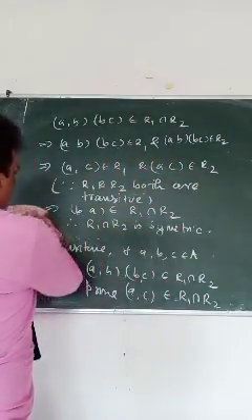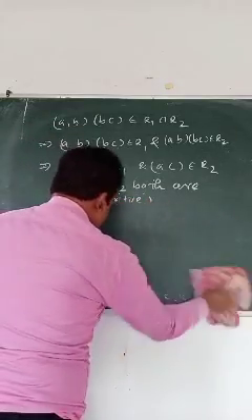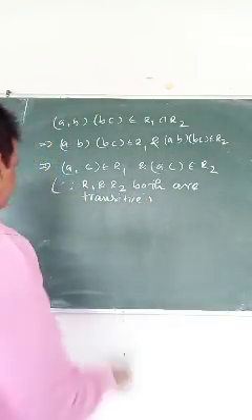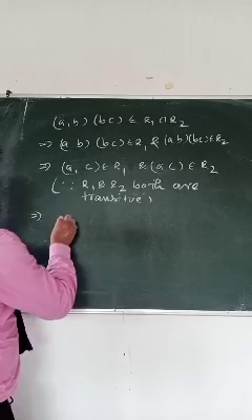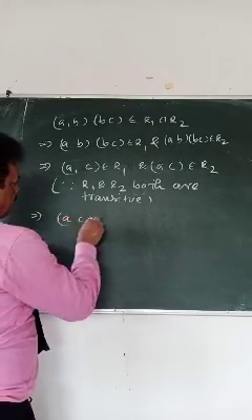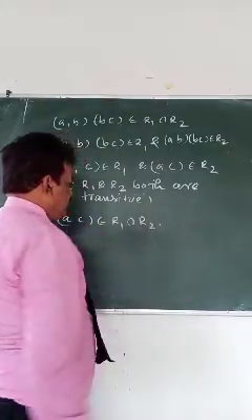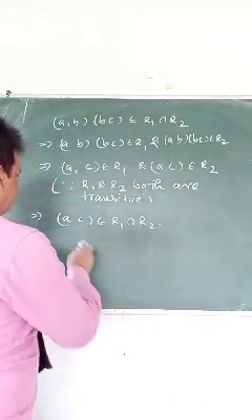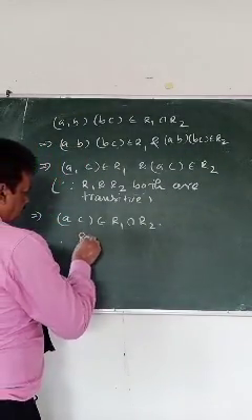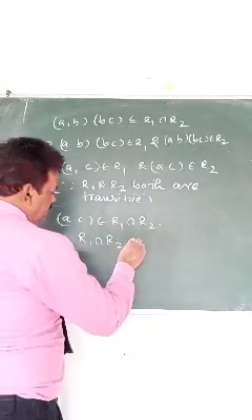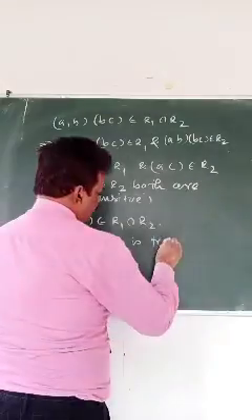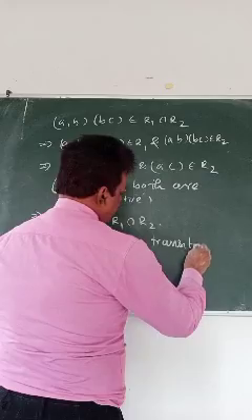So that gives you (a, c) belongs to R1 intersection R2. Therefore, R1 intersection R2 is transitive.